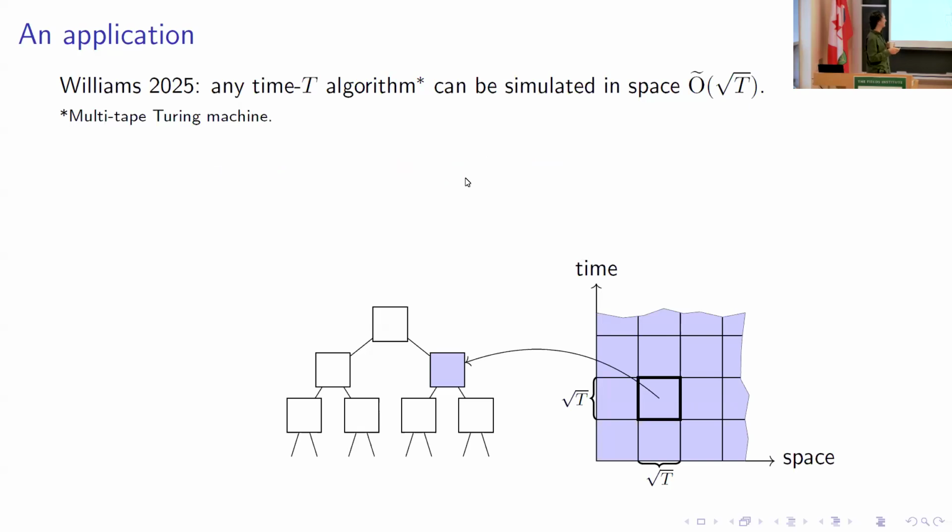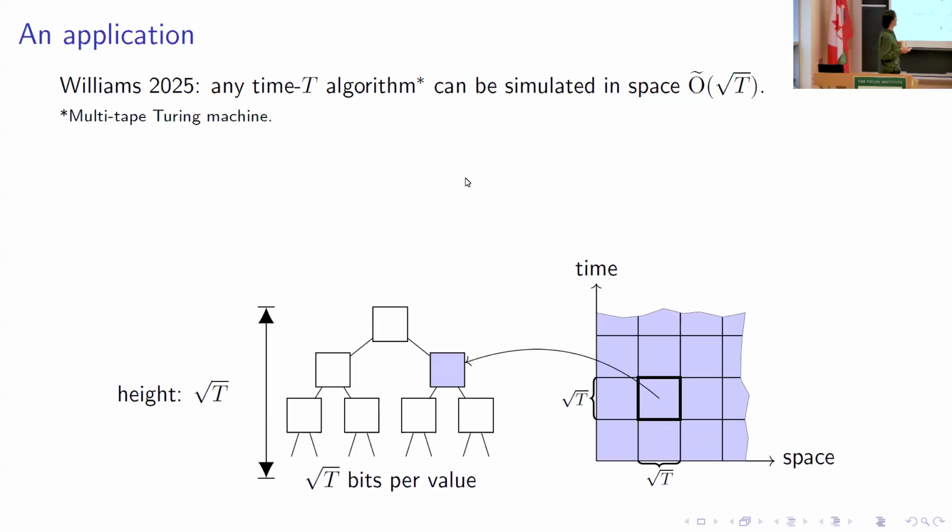And every node of the tree is going to correspond to what a square root t-sized piece of the machine's tape does over a period of square root t time steps. And so since each layer of the tree is covering square root t time, that means the total height of the tree only has to be square root t to simulate the whole algorithm.